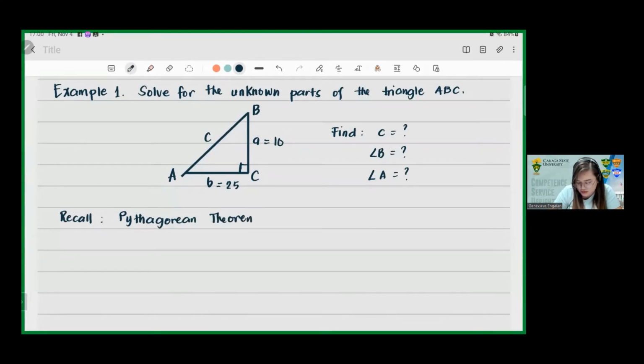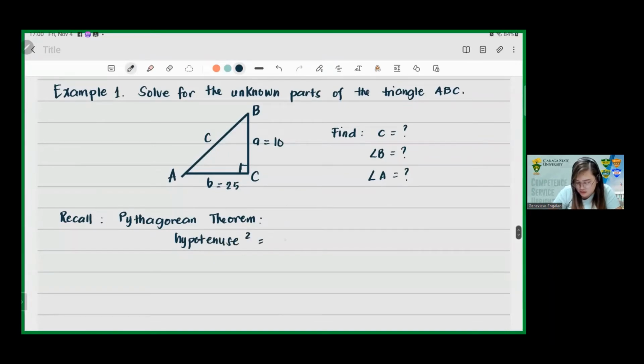Say the formula of the Pythagorean theorem. Hypotenuse squared is equal to leg 1 squared plus leg 2 squared.